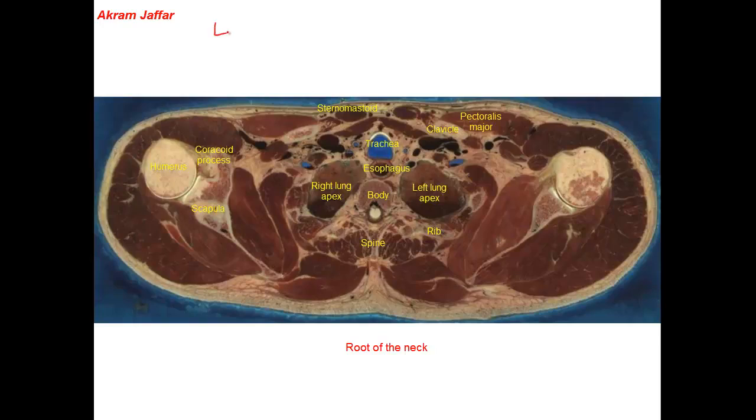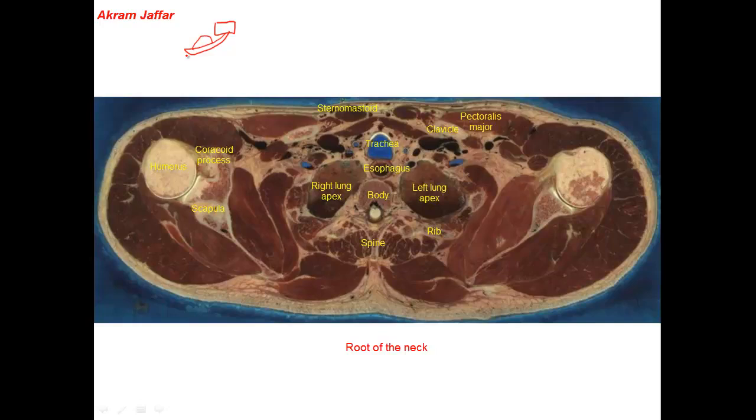For example, the vertebral body is located here, and the rib is set obliquely, and so the apex of the lung, while extending above the level of the clavicle, does not extend above the level of the head of the rib, although it extends above the level of the anterior end of the rib and the clavicle.